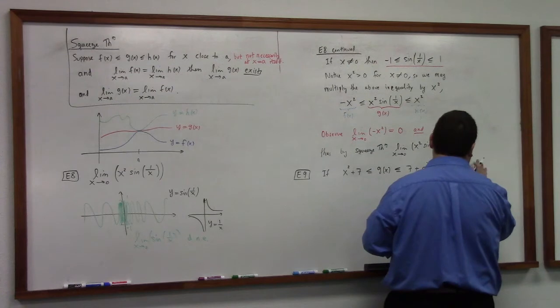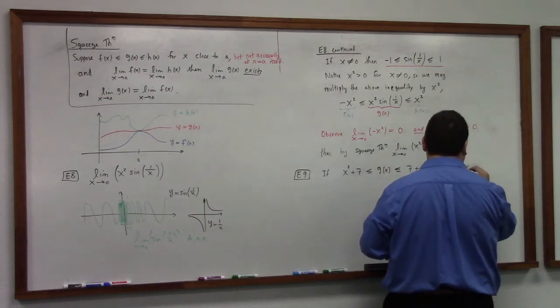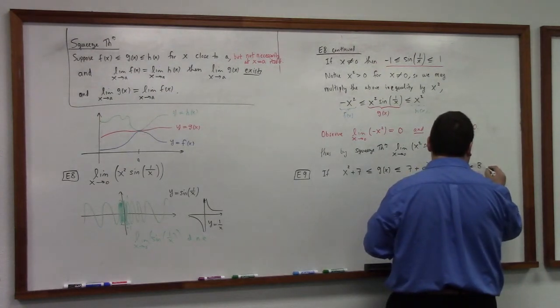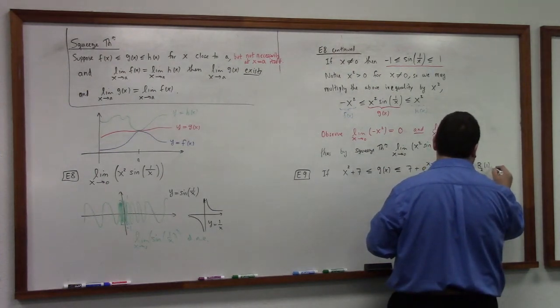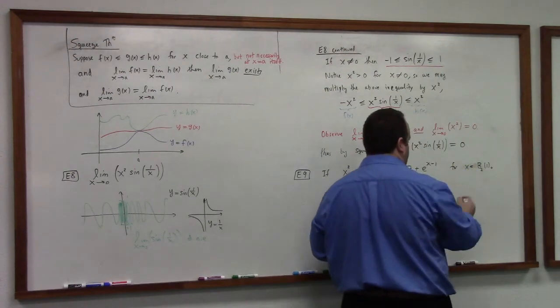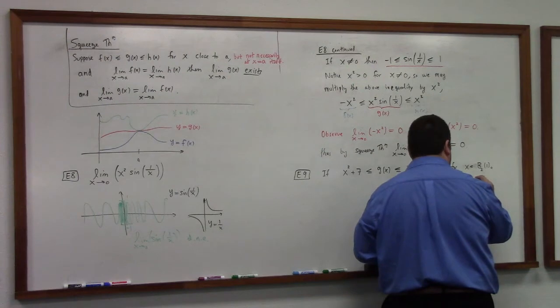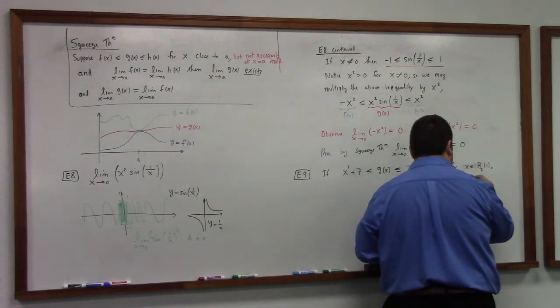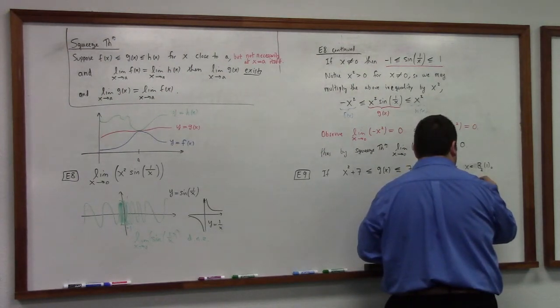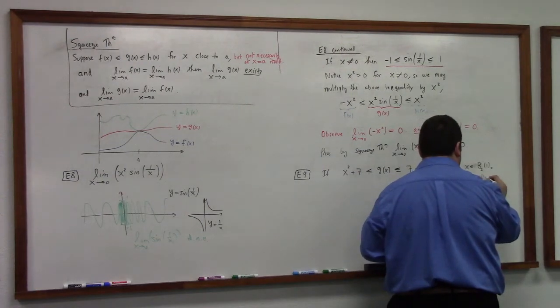Well, I mean, I could say this. Let me be more precise here. For x an element of the ball of radius, let's say ball of radius 2, centered at 1, deleted. So this would be for like x an element of minus 1 to 1 union 1 to 3.